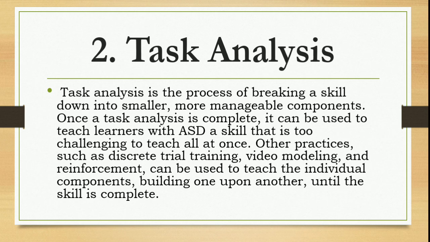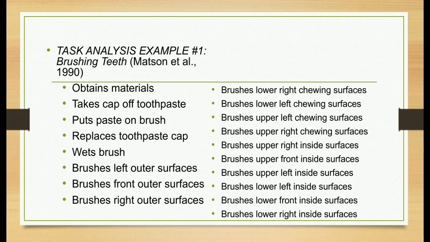Other practices such as discrete trial training, video modeling, and reinforcement can be used to teach the individual components, building one upon another until the skill is complete. This is an example of a task where we're breaking it down into more organized, step by step parts to help them understand in an easy way. My example here is how to brush teeth step by step.